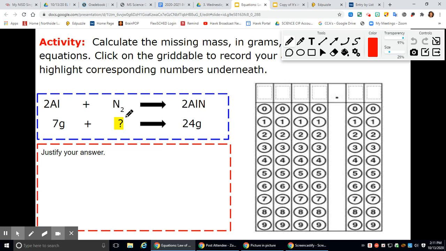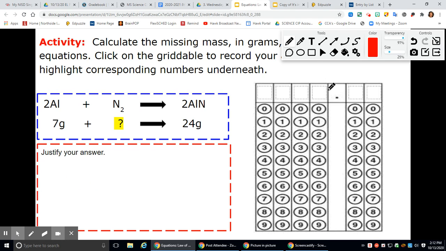So what's the missing amount in our reactant that we need in order to have 24 grams? So over here you want to just do 24 and subtract 7, which is 14.